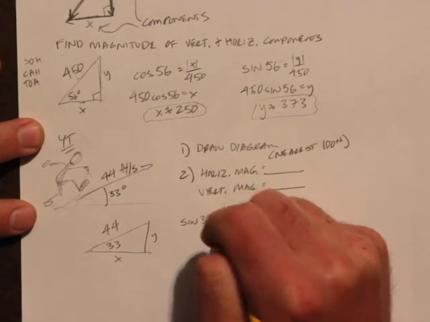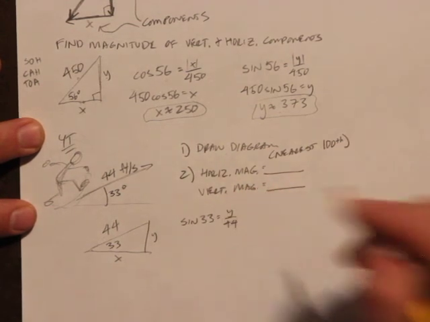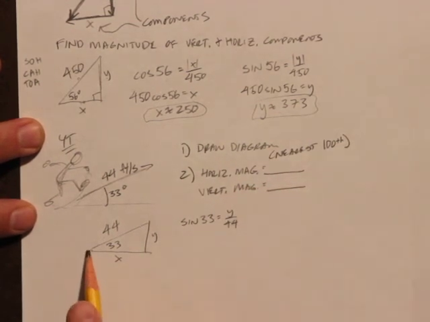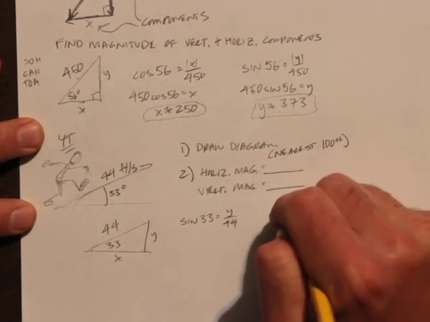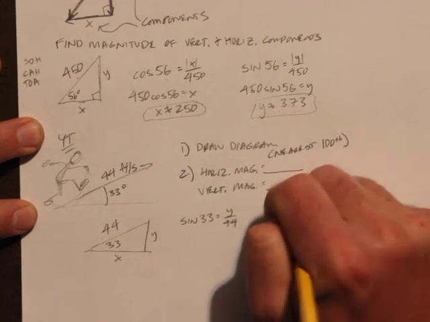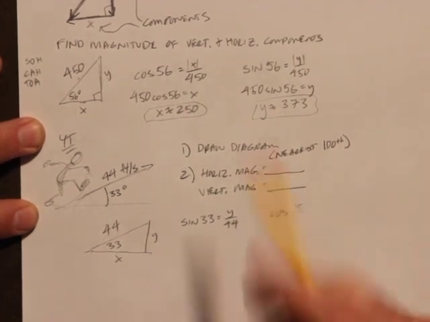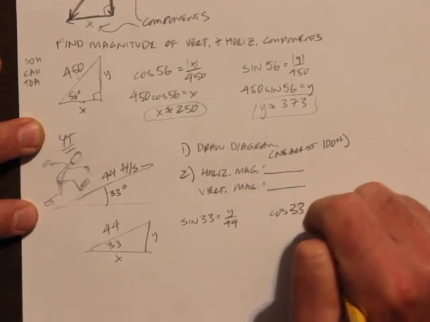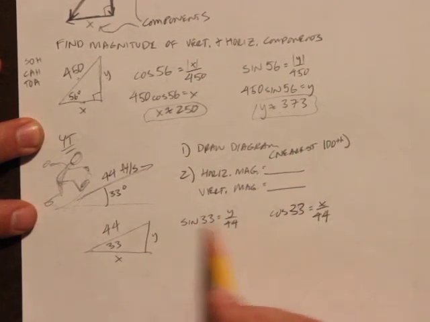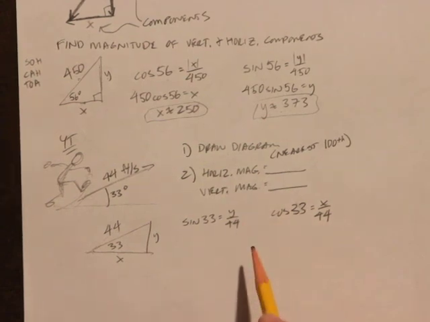Sine of 33 equals y over 44. And cosine is adjacent over hypotenuse. Cosine of 33 degrees equals x over 44. Now, multiply both sides by 44 and calculate that in your calculator.